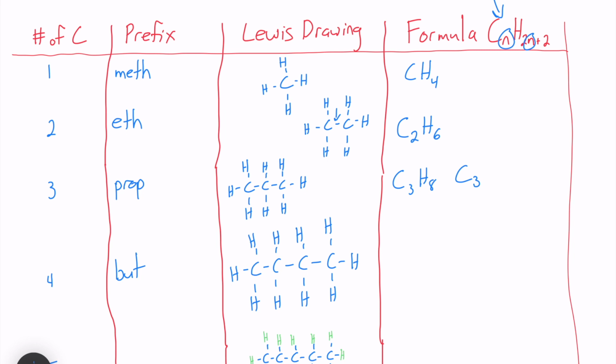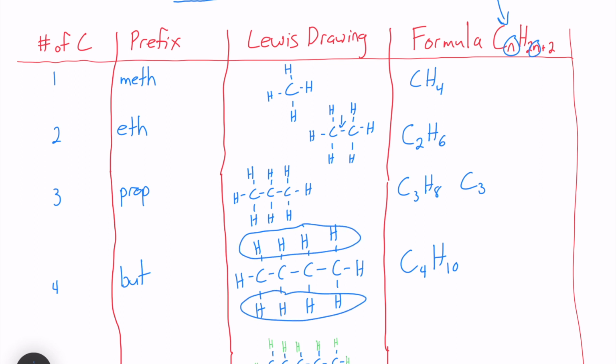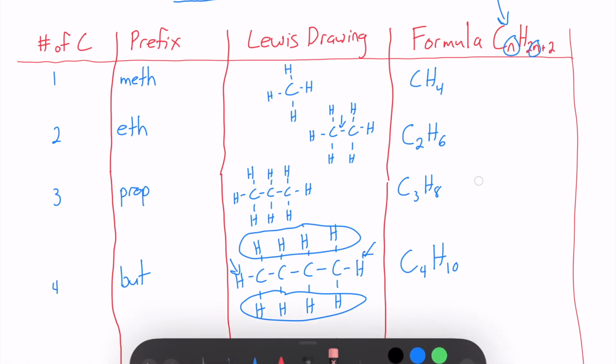It is saturated. The octet rule is fulfilled. So we have 4 carbon, so C4. And according to our formula CnH2n+2, we should have 10 hydrogen. 4 on either side makes 8, and these 2 on the outside add that plus 2. So that makes sense.